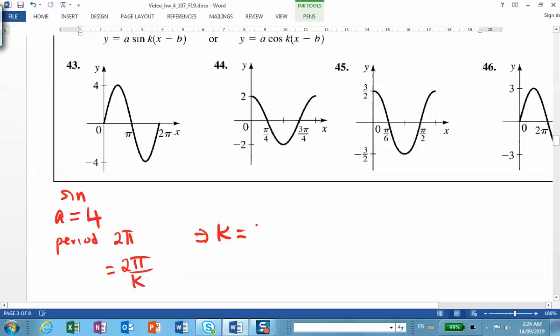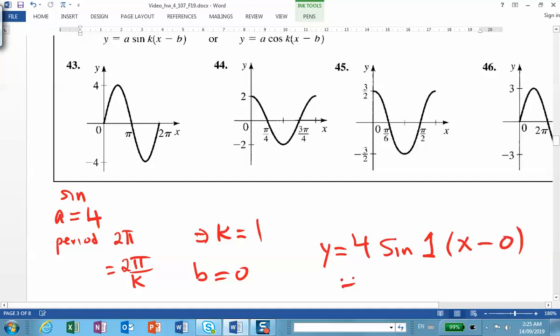Okay, and finally there's no shift, b is 0. So if I wanted to write the equation of that, it'll be 4 sine of 1 times x minus 0, which is a fancy way of writing 4 sine of x.